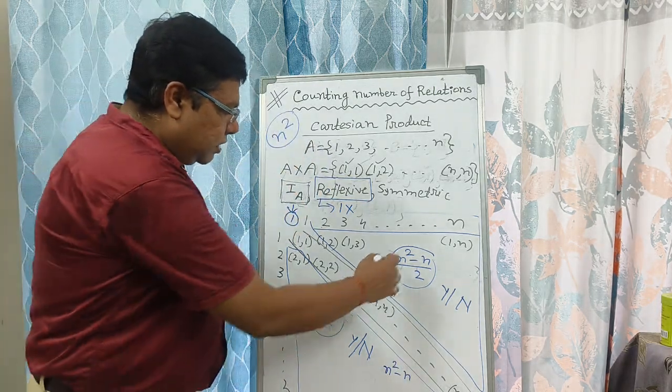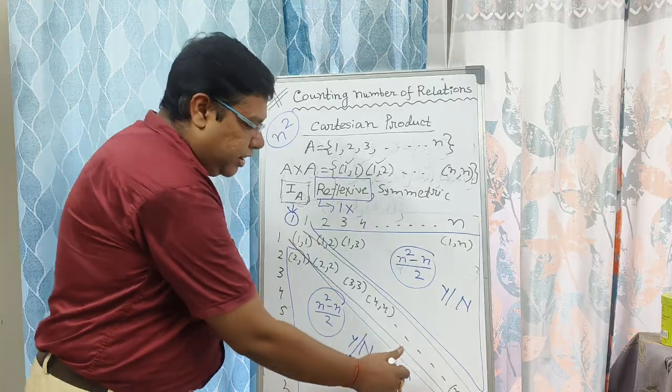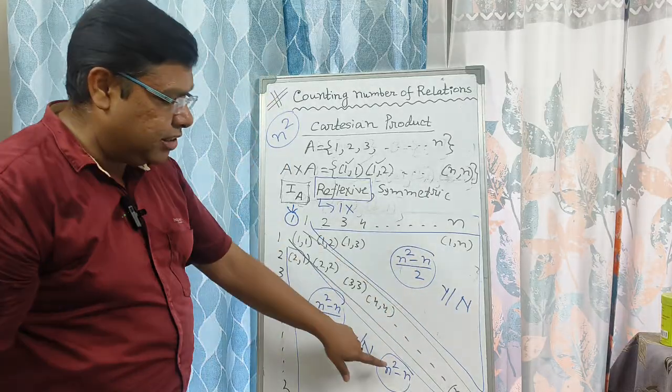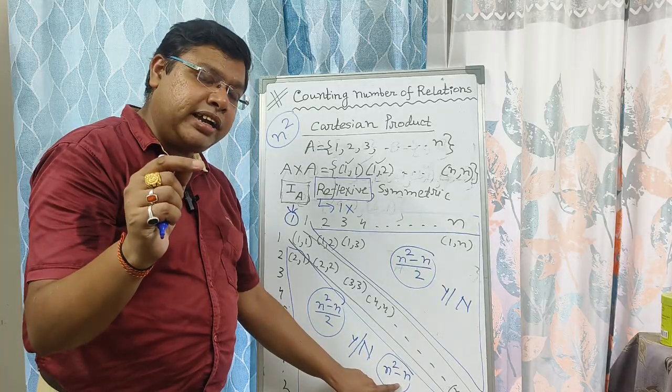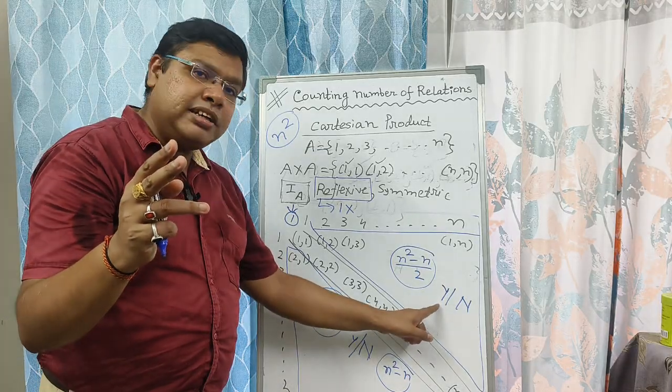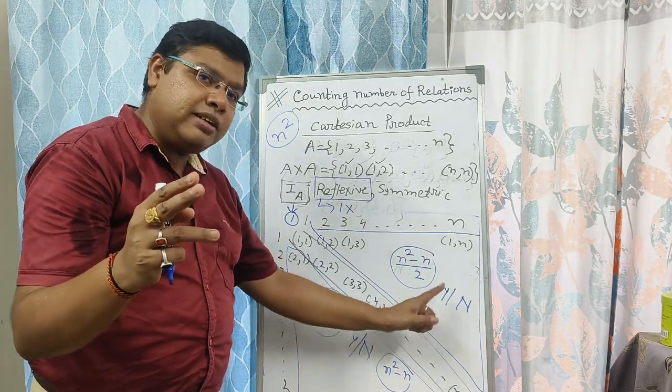Because if you multiply this by 2, you get the total of both triangles as n square minus n, and each element of this n square minus n has two options, may be selected, may not be selected.